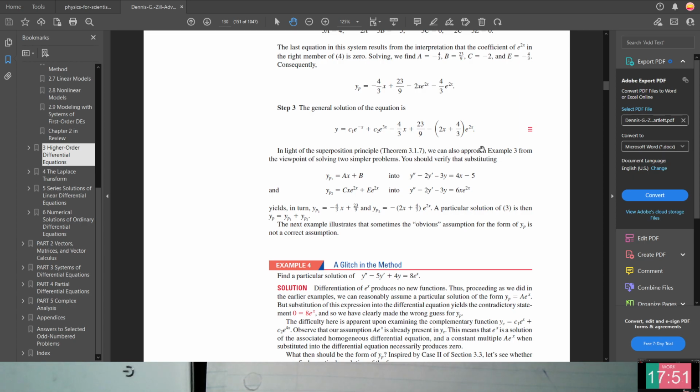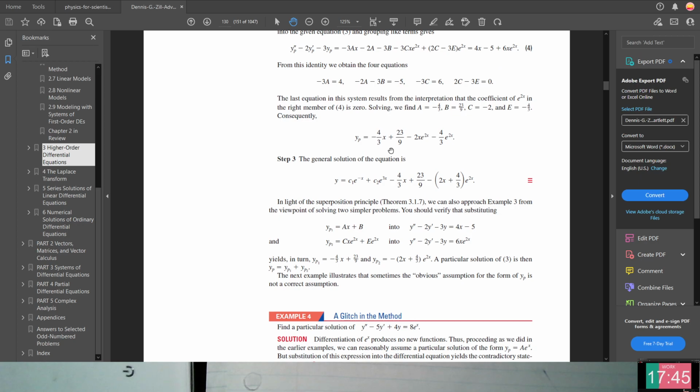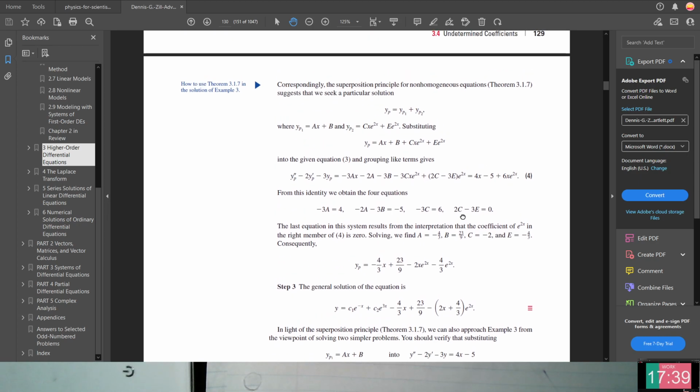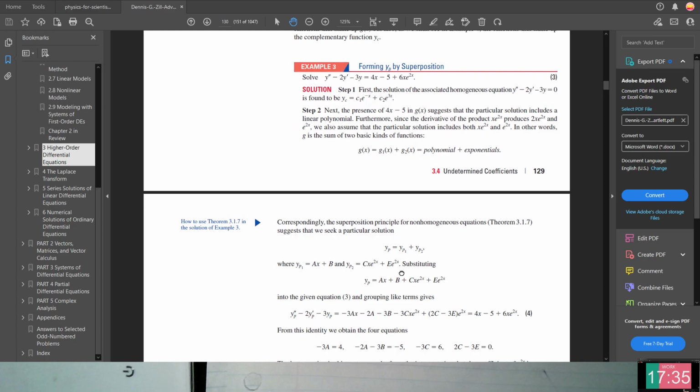Okay, it's my time. In light of the superposition principle, we get these equations. Why? I have no idea. Why did he do the 6x e^x two times?